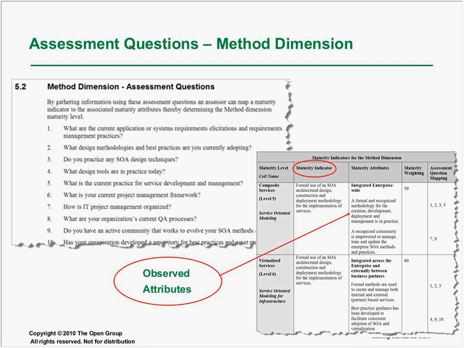Some of the maturity indicators that lead us to believe that we are at maturity level 5 would be a formal and recognized methodology for the creation, development, deployment, and management being in practice. So we're using the attributes as guideposts themselves to determine, from the information that we glean as part of the assessment, where on this matrix our organization fits.